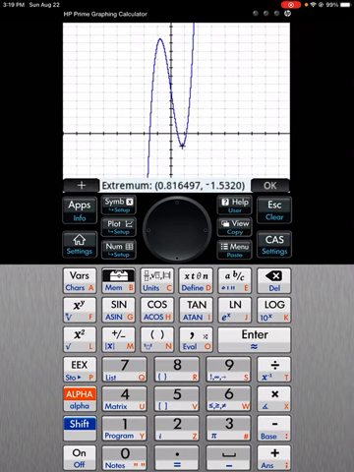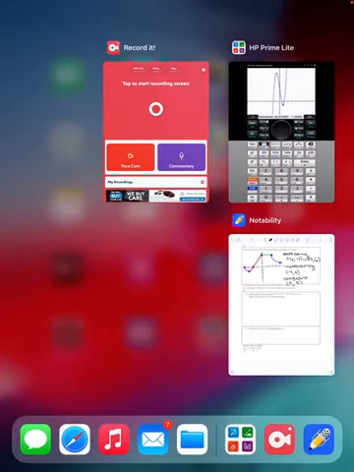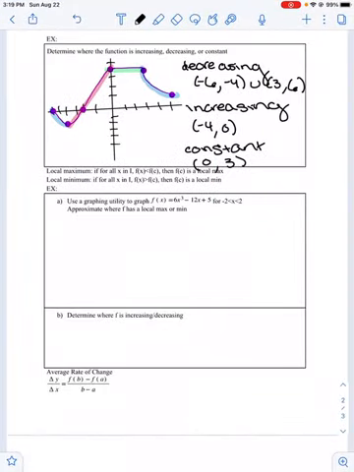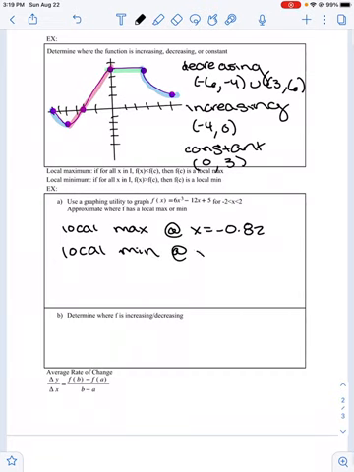And that's our local min. And so our local min's at x equals 0.82. Okay, so local max at x equals negative 0.82, and local min at x equals 0.82.